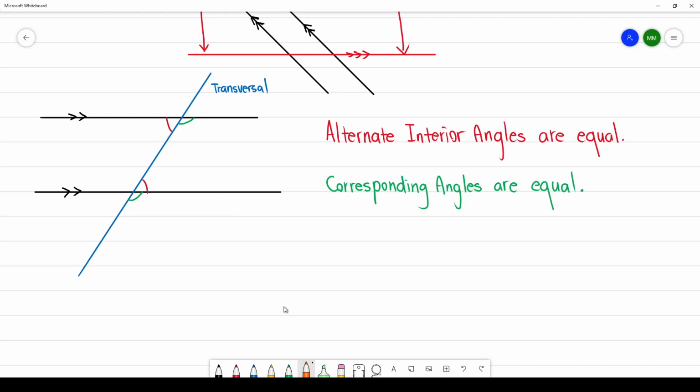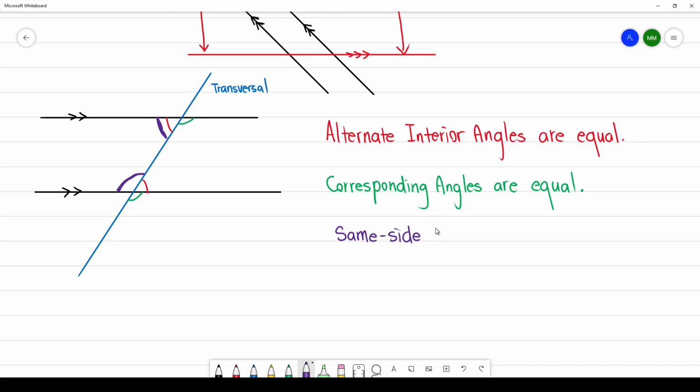Same side, yeah. Choose purple. Same side interior angles. So these two. I think it's very obvious that they are not equal. One is an acute angle, and one is an obtuse angle. But what is special about them is that same side interior angles are supplementary. So again, what does that mean? They add up to 180 degrees.